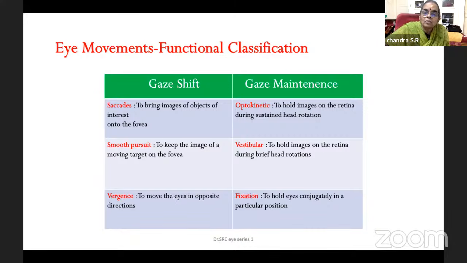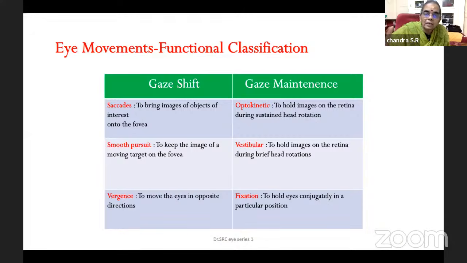Then you have the vestibular system to hold images on the retina during brief head rotation. As I told, there is inertia of motion in the fluid column, so the vestibular system will work only to maintain gaze during brief head rotation. And fixation is to hold the eyes conjugately in a particular position.